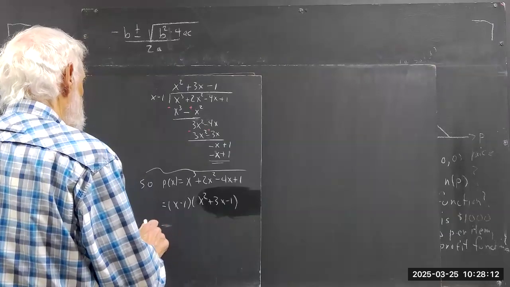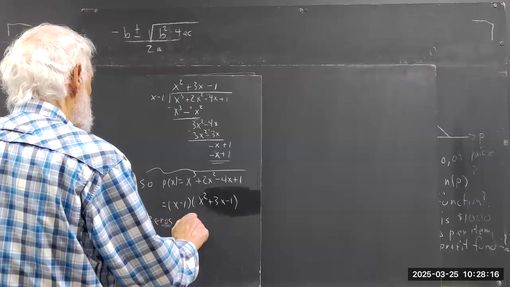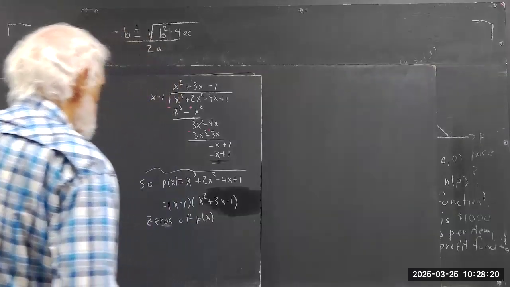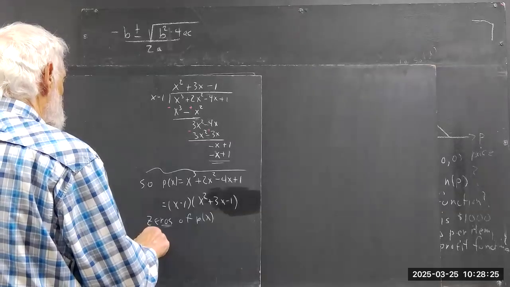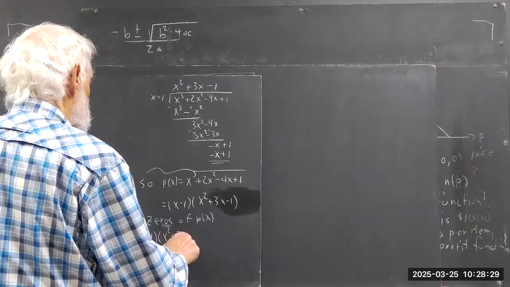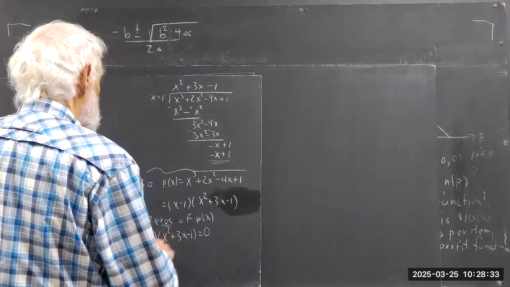Okay, so now what are the zeros of P of x? Well, let's write it down. x minus 1 times x squared plus 3x minus 1 equals 0.